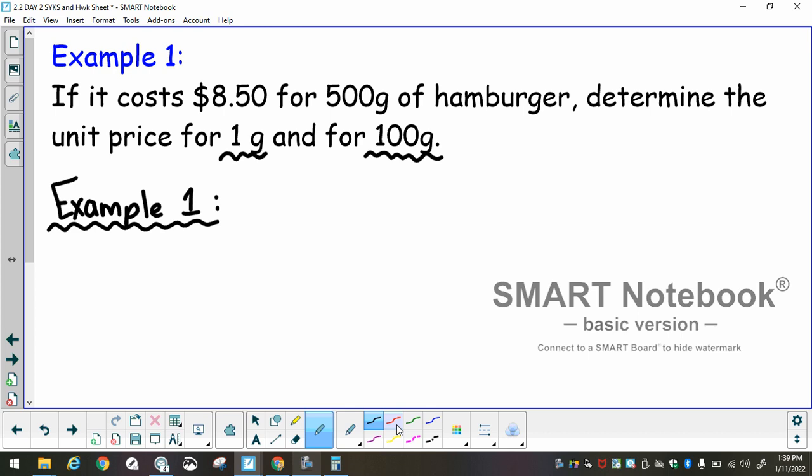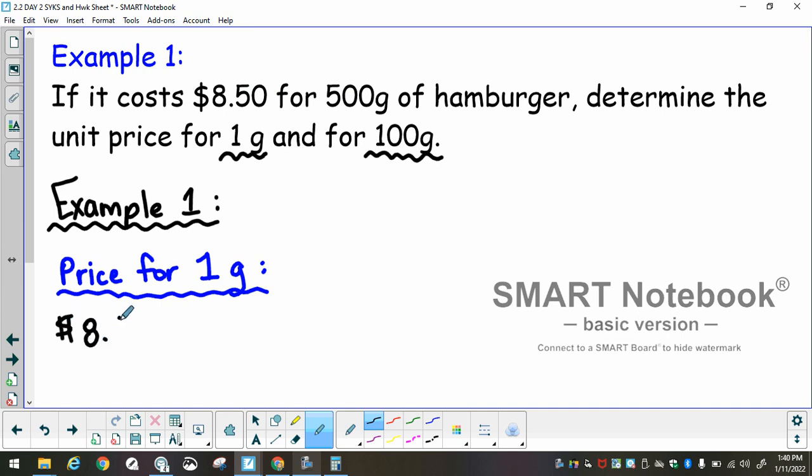So, I'm going to label my work. So price for 1 gram. Okay, to find the price per 1 gram, we're going to divide these just like we did on the last slide.